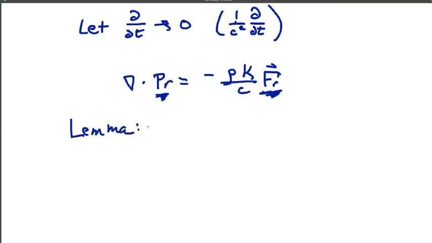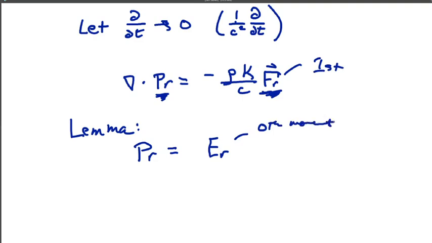Here we'll take the Eddington approximation, which says that the radiative pressure is proportional to the radiative energy density, E sub r, which is the 0th moment. So here's the first moment, here's the 0th moment, and I'm labeling them by tensor order. And here's the second moment.